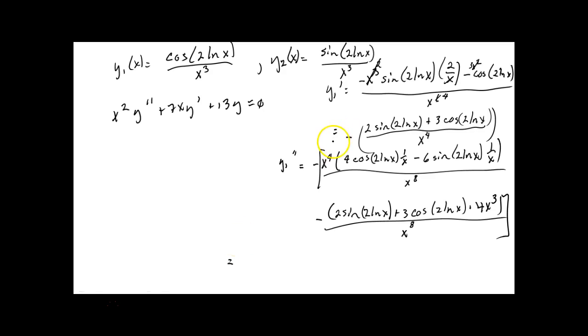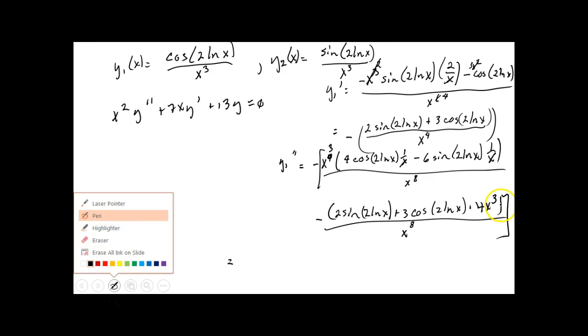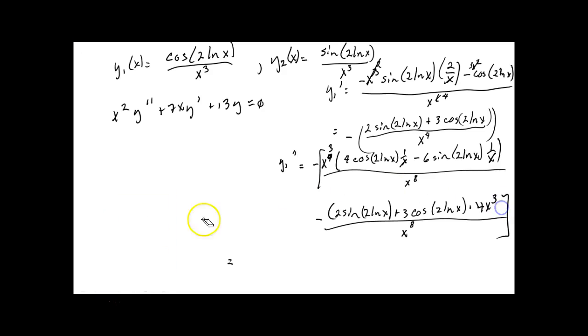Now this x will wipe out one of those, so that gives me an x cubed here. I think I did my parentheses in the wrong place. I need to put that parentheses here, because that whole thing is times the d log.